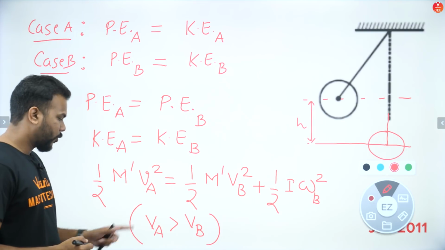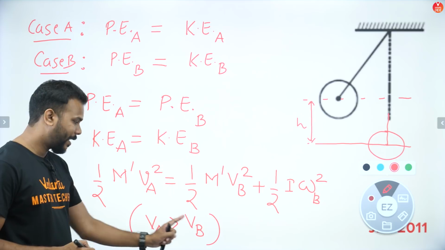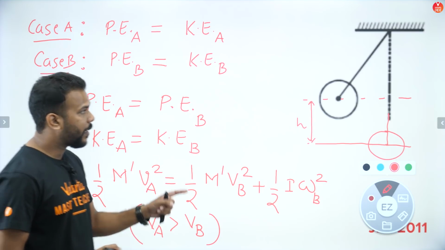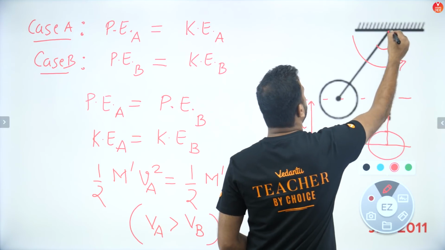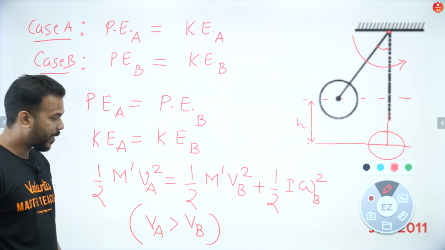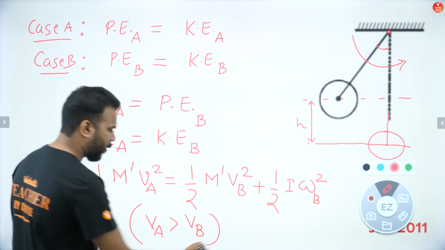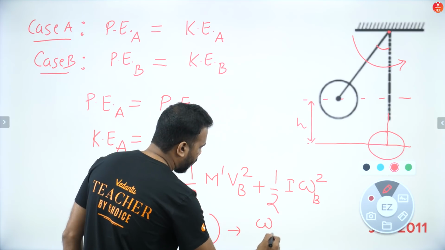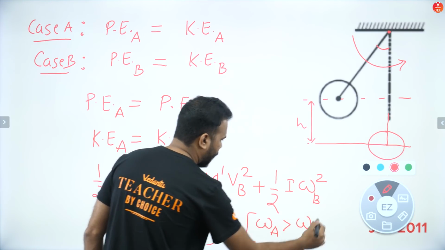Yes or no? So the linear velocities at the bottommost point will be greater for case A than that of B. Now if I consider the angular frequency about this point of hinging, we know that V will be equal to omega R. R will be the same for both cases with respect to their center of mass. So can I conclude that the angular frequency of A will be greater than the angular frequency of B?